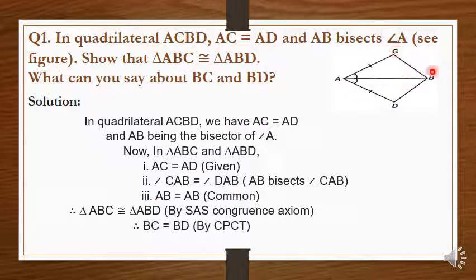The remaining sides are BC and BD, therefore they will also be equal. So they are the corresponding parts of the congruent triangles. Therefore we can write BC is equal to BD by CPCT, or corresponding parts of congruent triangles. We don't have to write such a long statement. We can just write down CPCT.